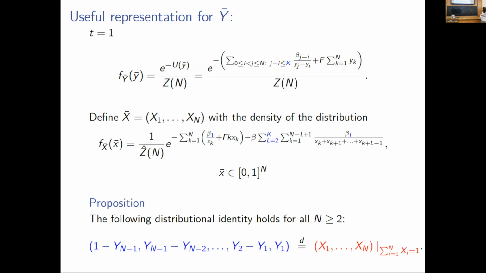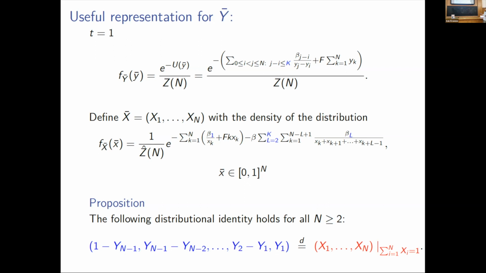So what happens now? If we look for the distribution of the vector Y, it equals in distribution to the vector X, but conditional on the sum of X's being 1. Of course, it's a better form in many cases, particularly if these X's would be independent. But now this form really highlights the meaning of k.